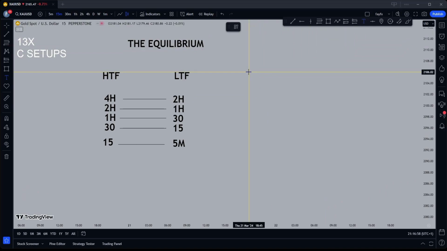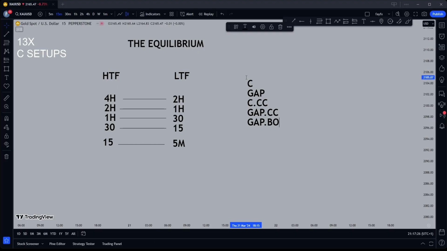So we are going to use classic levels, classic CC, and gap CC. We also have a gap breakout. Classic levels and gap levels. Classic CC, gap CC, gap breakout.